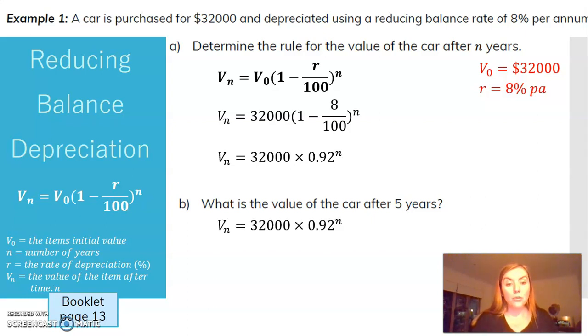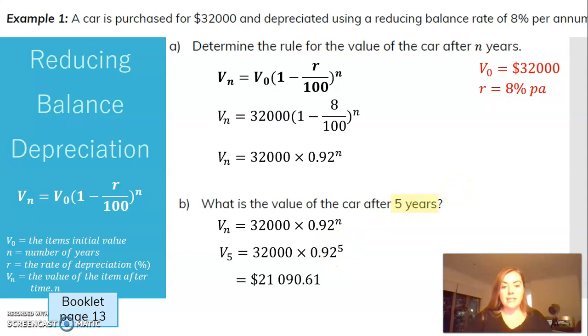So we've grabbed the rule, and we're subbing that 5 years into n. Putting this into the calculator, you would have 32,000 multiplied by 0.92 to the power of 5. Make sure you remember it's to the power of and not multiplied. That's giving us a value of the car of $21,090.61.